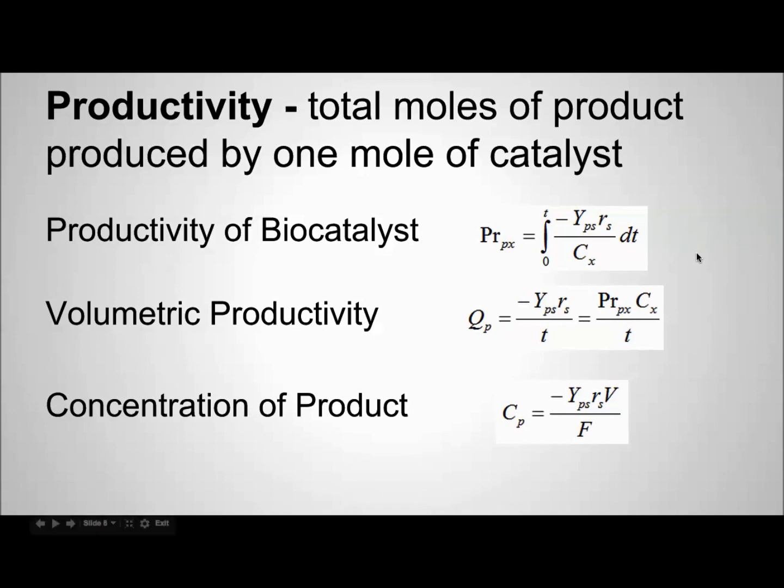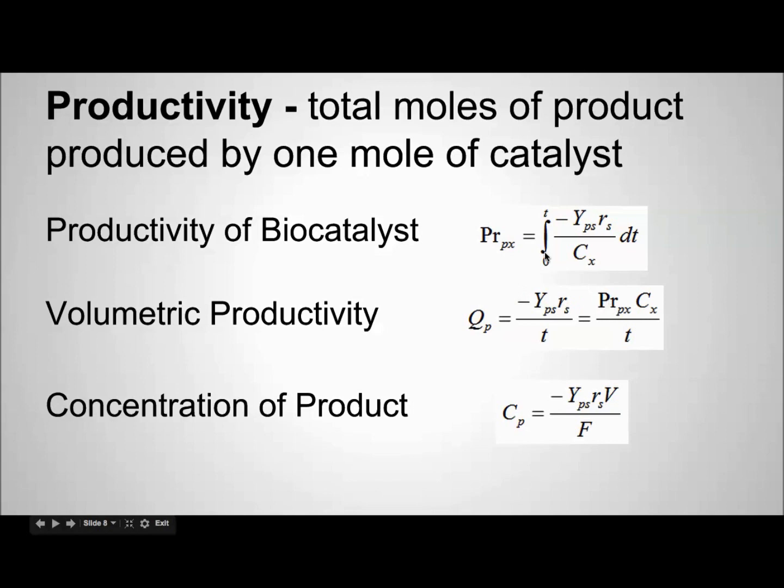The second one is through a volumetric productivity. That is in terms of mole or a mass per volume per second, and it is the average production capacity per unit volume. It is related to the productivity of biocatalysts.